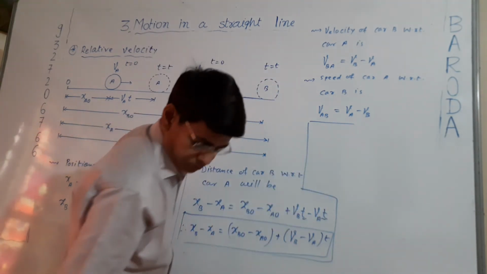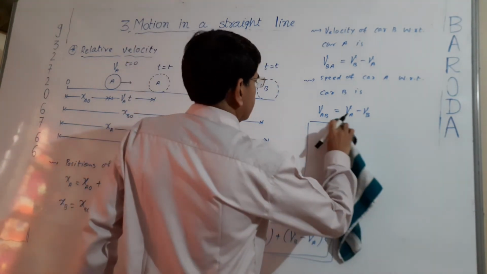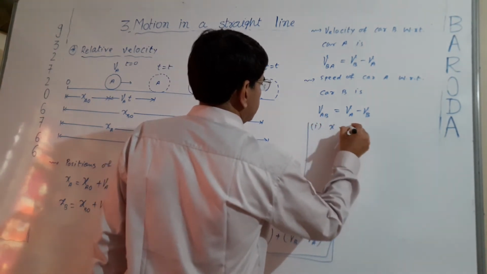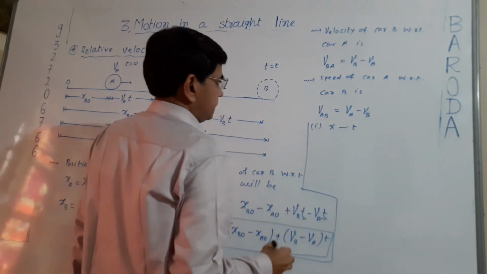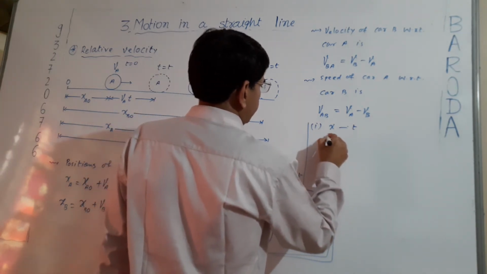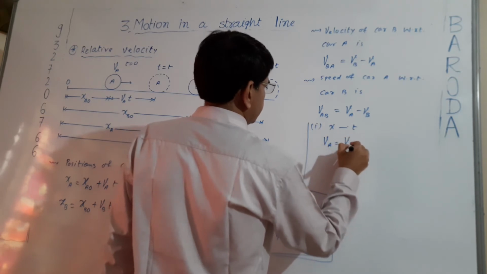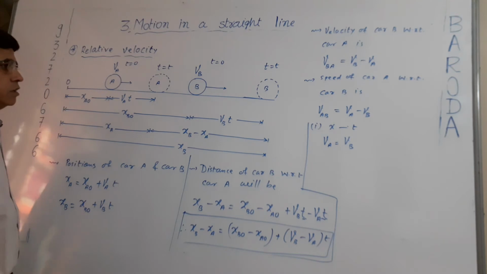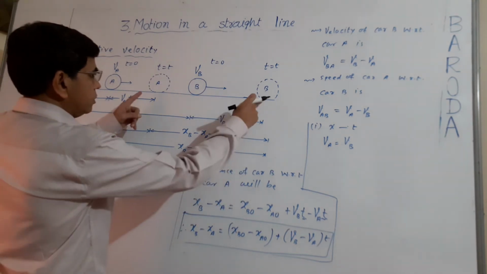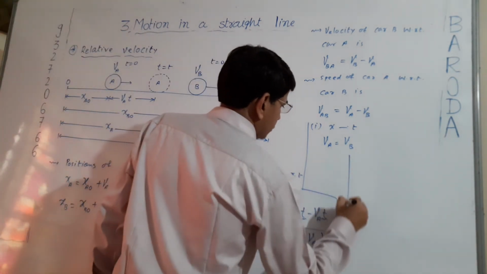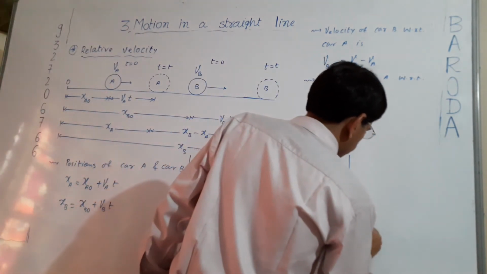Number 1, the graph of distance versus time. When Va equal to Vb, the speed of car A and the speed of car B is equal, then the distance between them will never change. What does it mean?